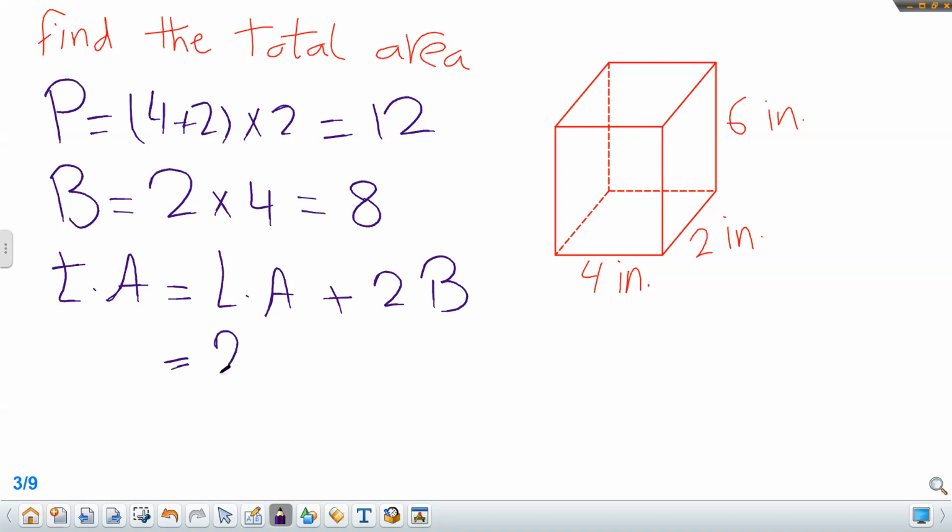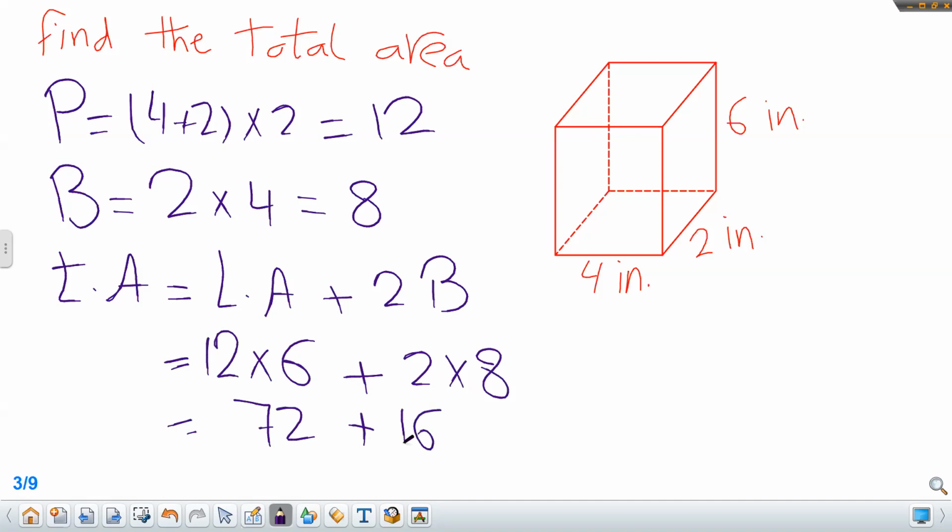The perimeter here is 12 times height, which is 6, plus 2 times base area, 2 times 8. Then 12 times 6 is 72, plus 8 times 2, 16. Then add them to be 88. 88 square inches because it's area.